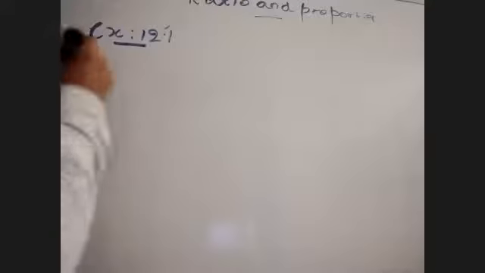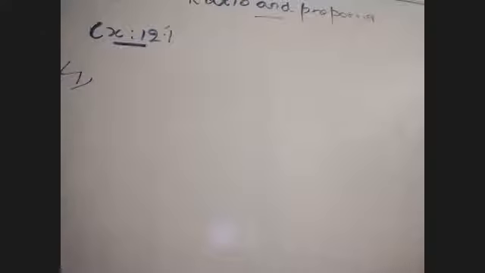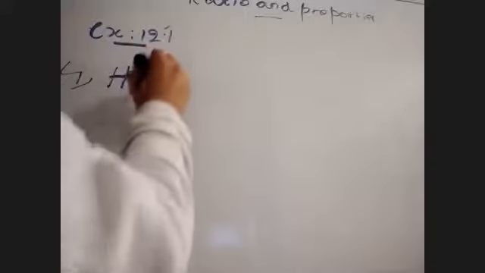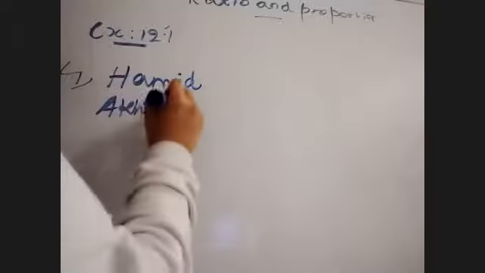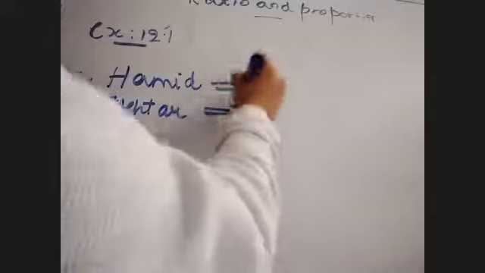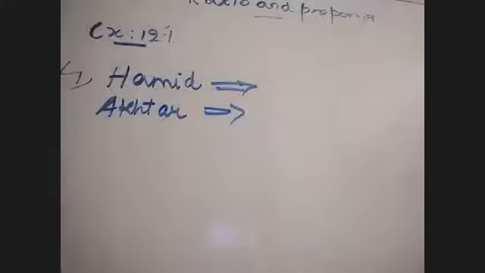So question 4. Question 4 says the distance traveled by Hamid and Akhtar in an hour are 9 kilometers and 12 kilometers. Now children, in these types of questions, it may be that it is not given as Hamid travels 9 kilometers, but in separate columns.